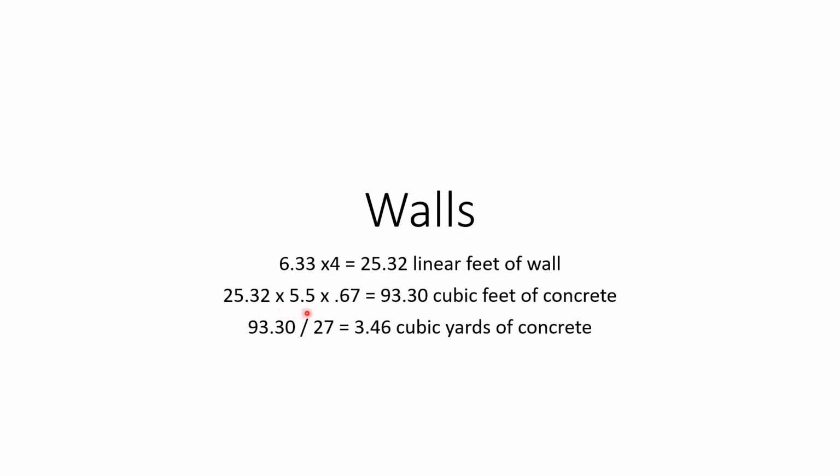And then we had the 25.32 times 5.5 is the height, 5.5 feet. Everything's in feet. Remember, it's all got to be in the same units, and that's why we changed the 8 inches to 0.67, and we got 93.3 cubic feet of concrete. And then we convert it to cubic yards by dividing by 27. So the walls, 3.46 cubic yards of concrete.